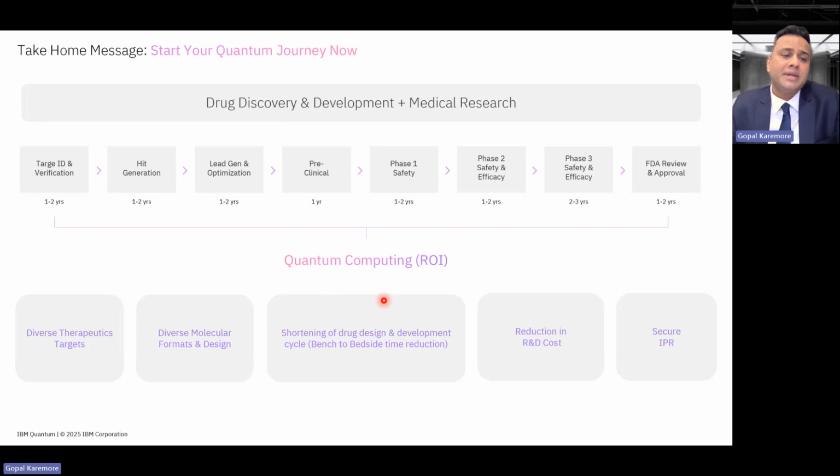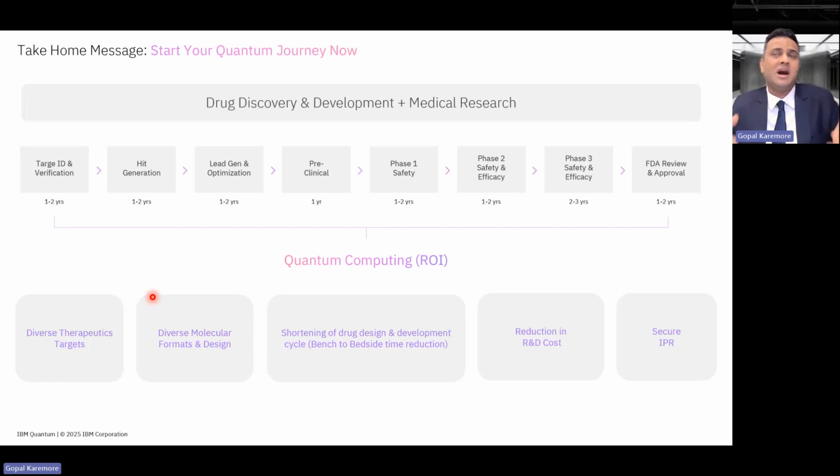So finally, what you're going to get is you're going to diversify your therapeutic portfolio, as we have seen how quantum computing can help understand the network biology problem, so that a target which was not possible to investigate, to come up with a hypothesis, you can actually do that.